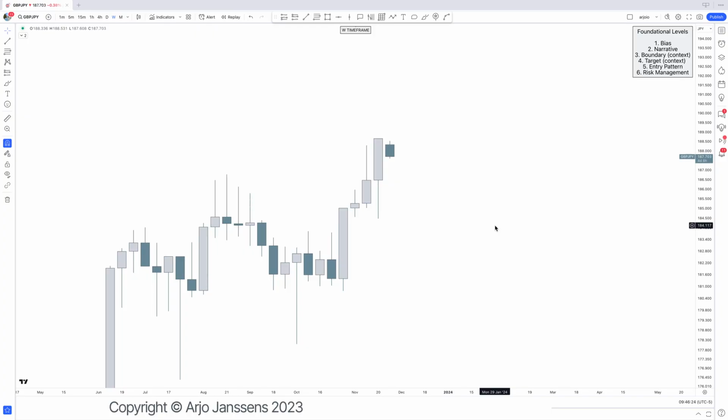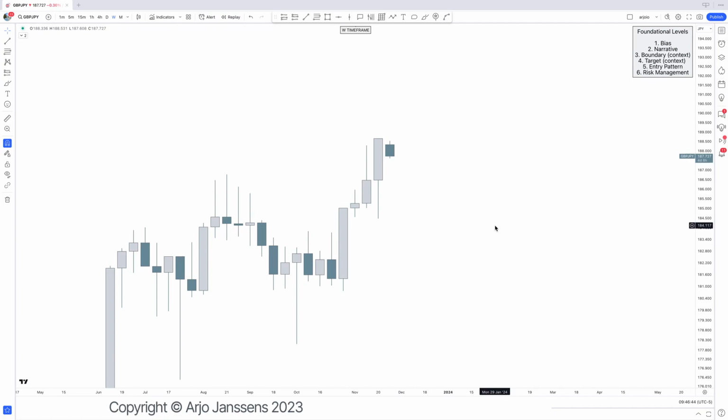Those are the 2 types that we're going to go over. You're always trading in context. For example, if I ask you, what's the context of this trade? Then you always have some type of context that you can show me. If there's no context, then likely it's not a good trade.